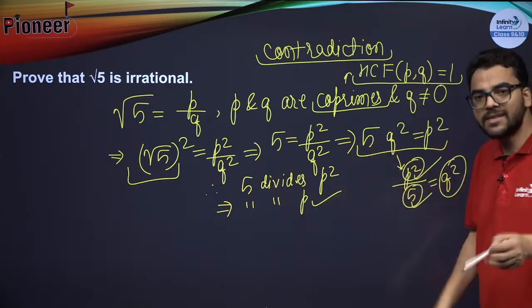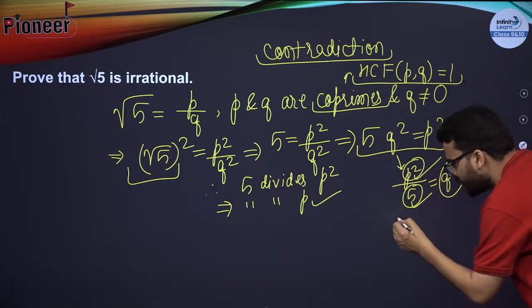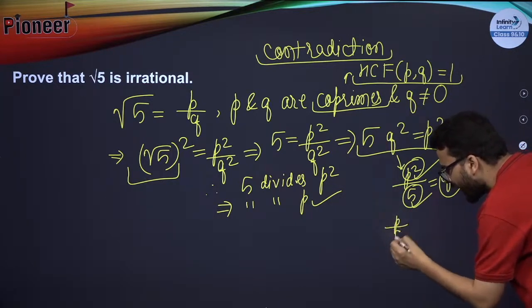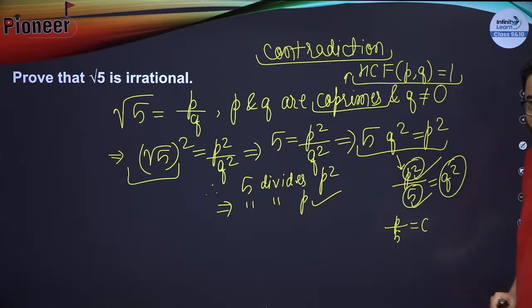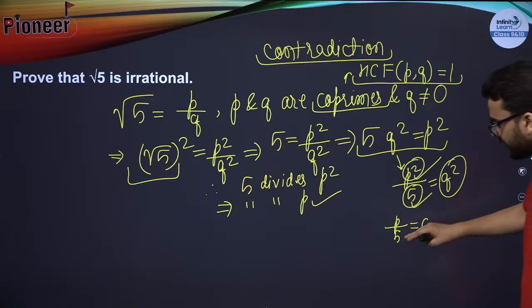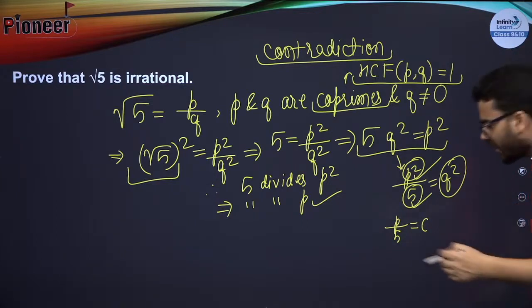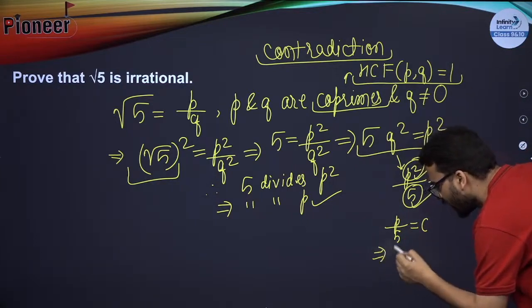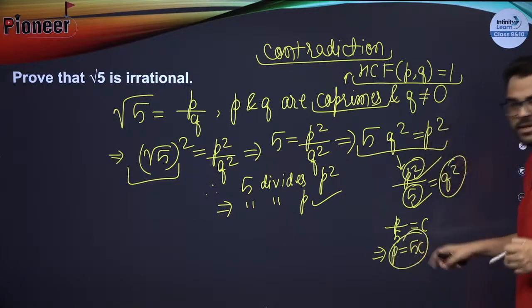And if 5 is dividing p, what does it mean? It means p divided by 5 can be written in the form of some integer c, because 5 is a factor of p as well. So we can write p divided by 5 is equal to c, some integer. So can I not say that p is equal to 5c for some integer c?